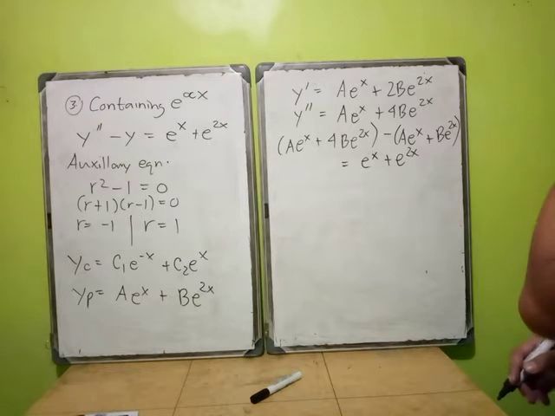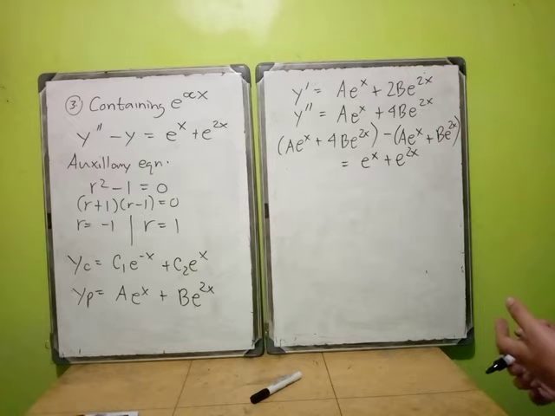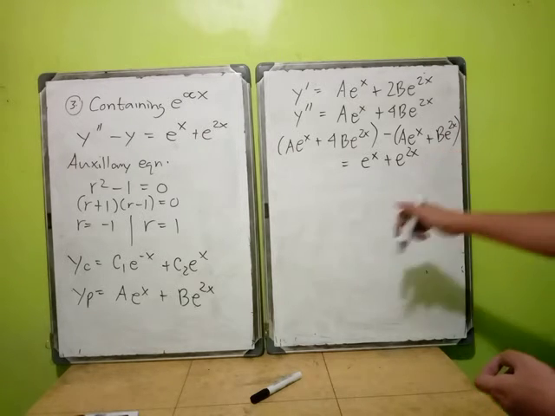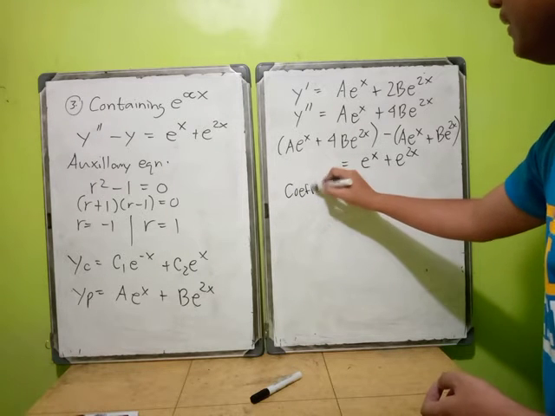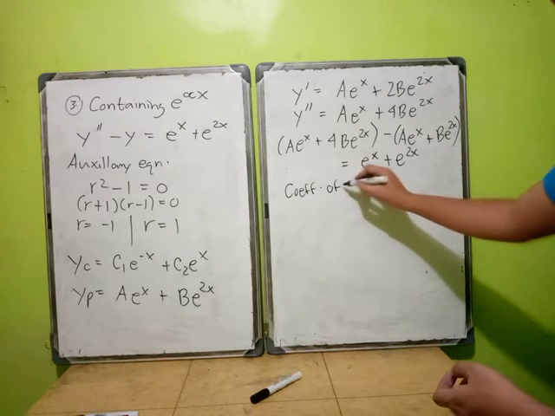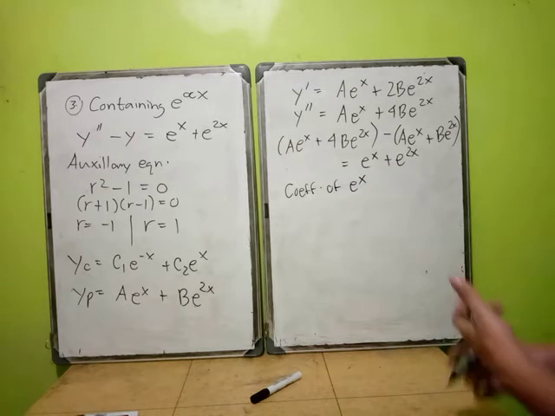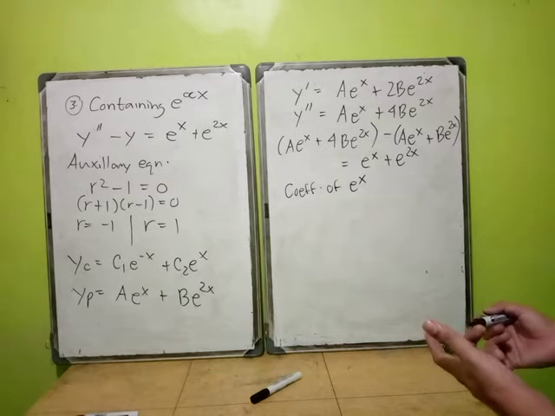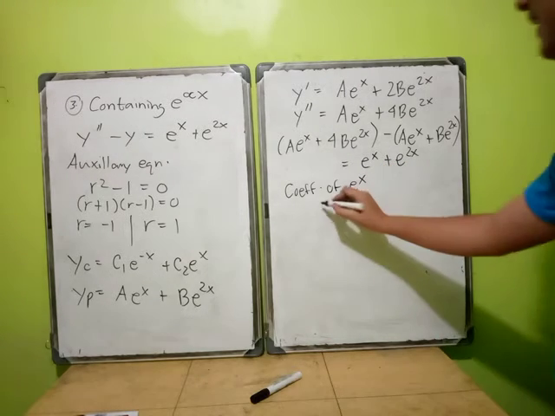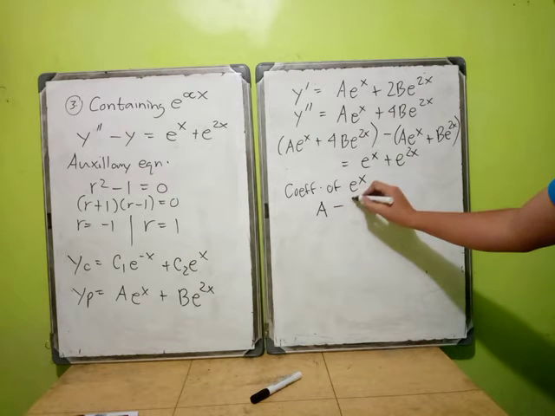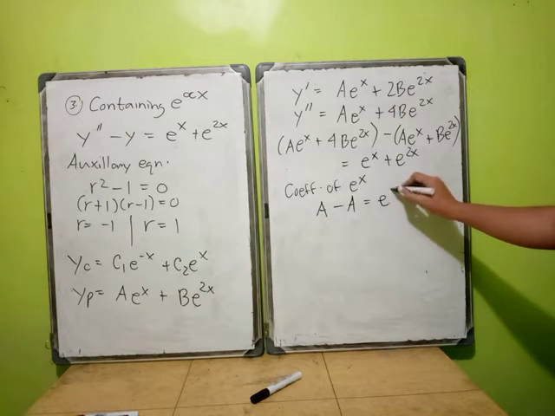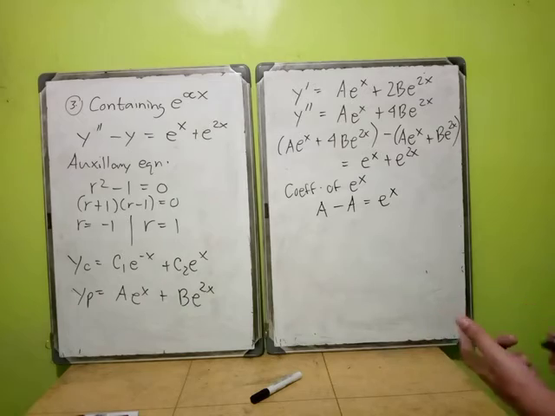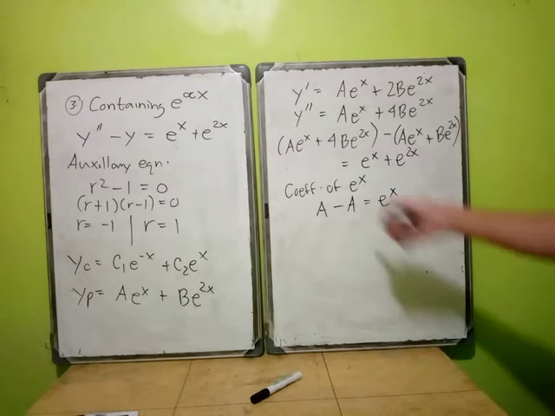So what do we do now? We equate this. The coefficient of e to the power of x will be a minus a is equal to 1 times e to the power of x. So now, this starts a problem.